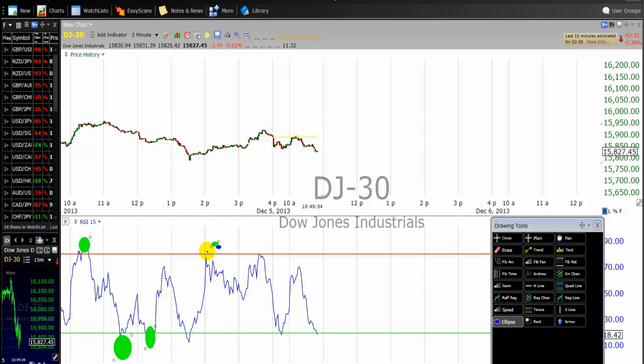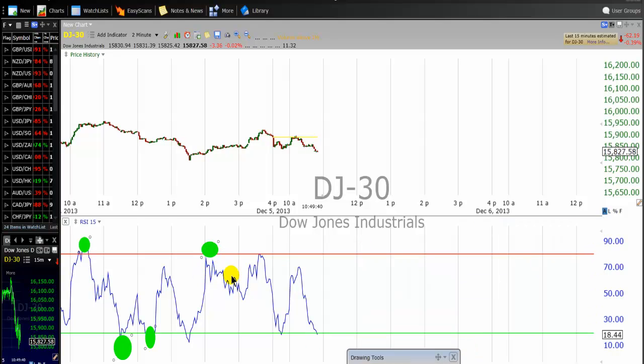Here the RSI period 15 did not go above the level of 80, but was very close to it. If we decide to set a rule that if the RSI is rising up to level 80 and starts changing direction, we may decide to sell, that will be a different rule.